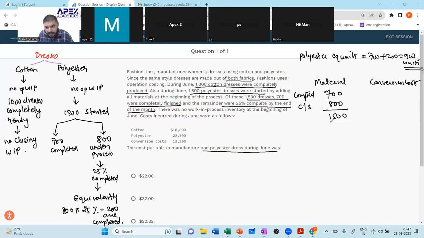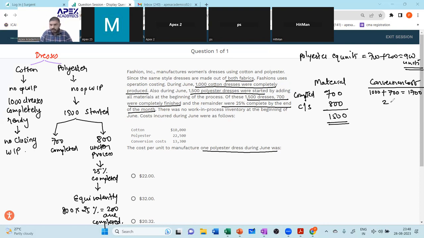So can I say that 1500 units is there in material? But for conversion cost, you have 1000 units of cotton and you have 700 units completed. So this becomes 1700 completed units.